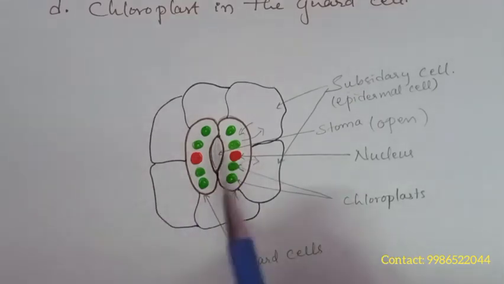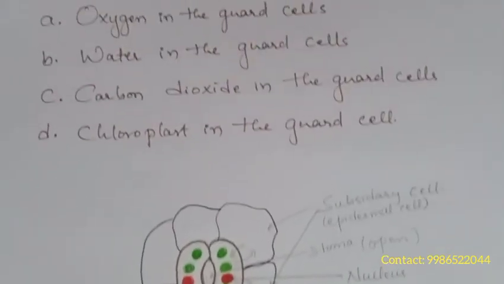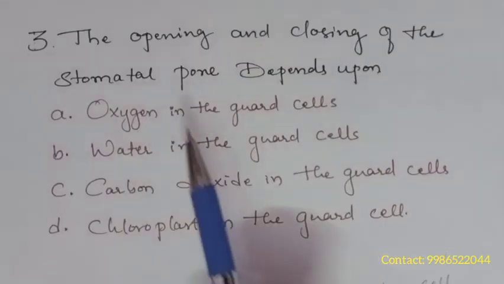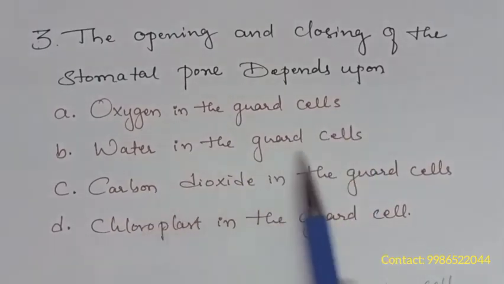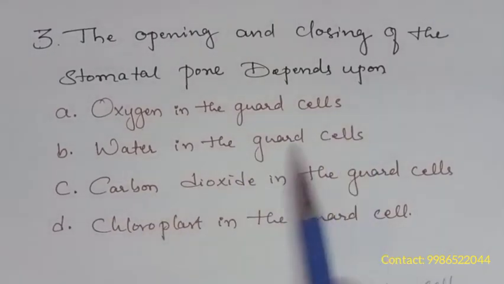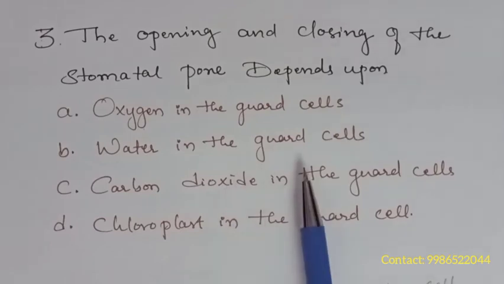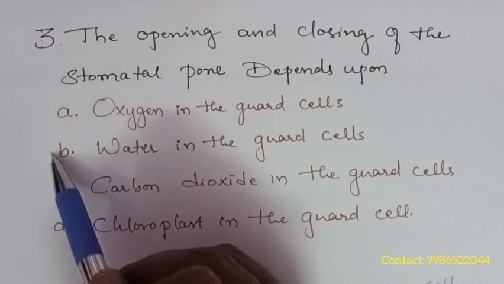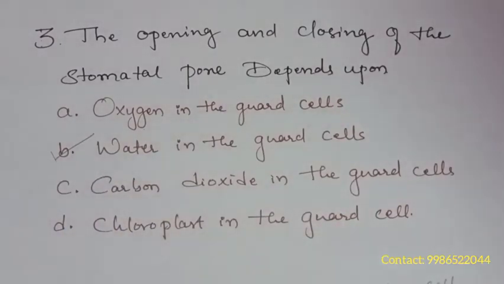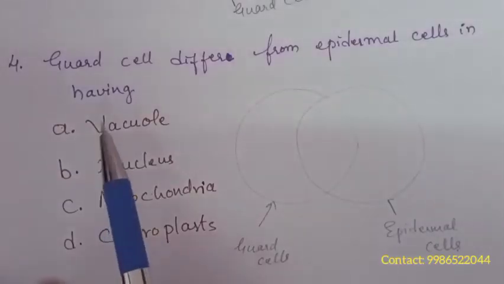So it completely depends on the water. The opening and closing of the stomatal pore depends upon water in the guard cell. If the water is inside the guard cell, the stomata opens. If it is outside the guard cell, it closes. Hence we can go with option B.